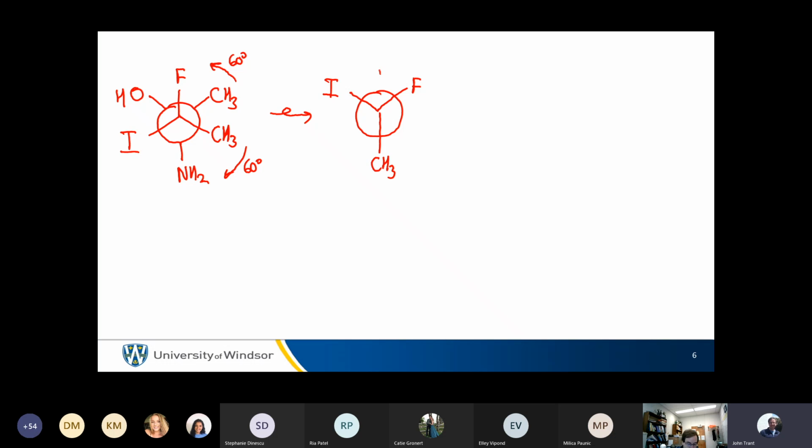The back carbon, the methyl group is now straight up. This OH group, which was kind of up to the left, is now down to the left. Again, it needs to be 120 degrees from there. It's got nowhere else it can go. And the amine group is now down to the right.